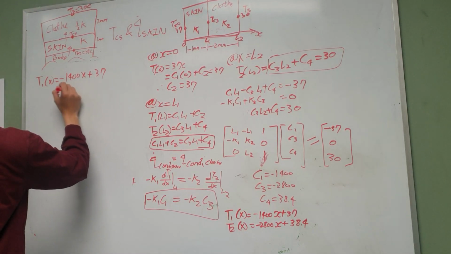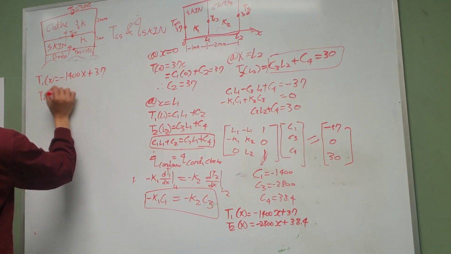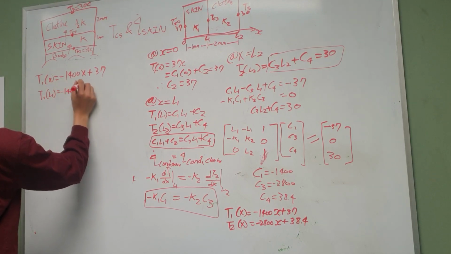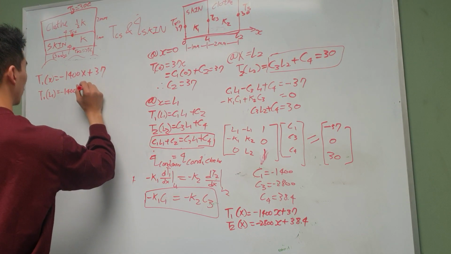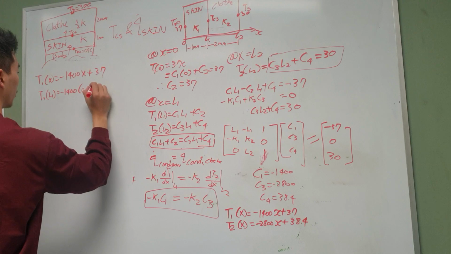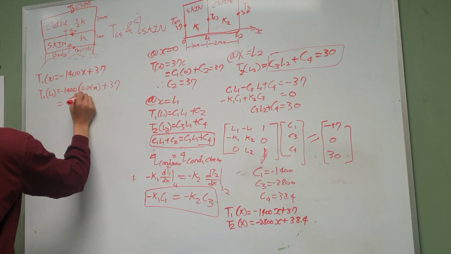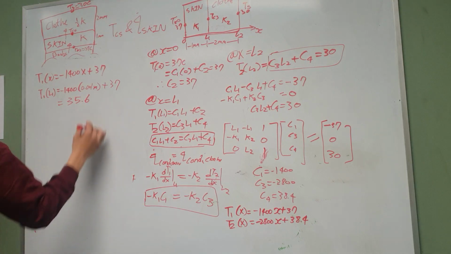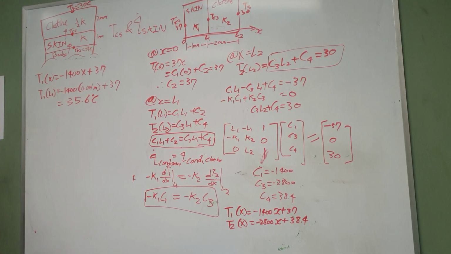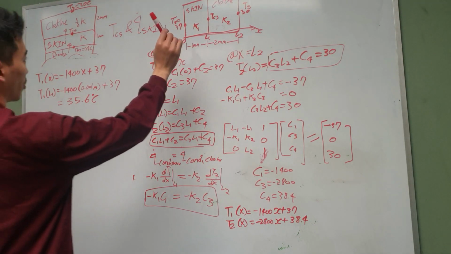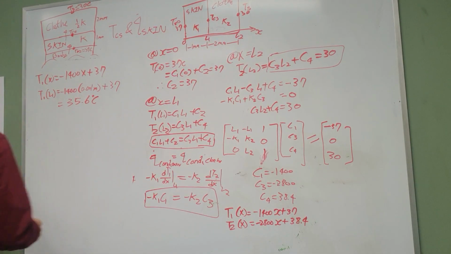I know that at L1, negative 1400, this is at 1 millimeter, so 0.001 meter, plus 37. And this should give me 35.6 Celsius, which is a reasonable number as it is between 37 and 30.